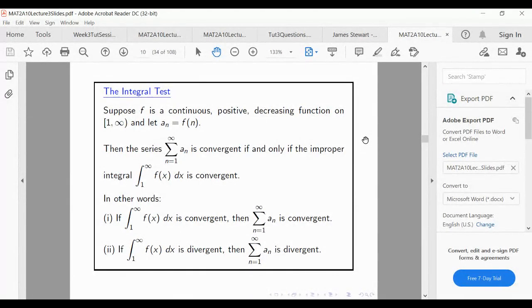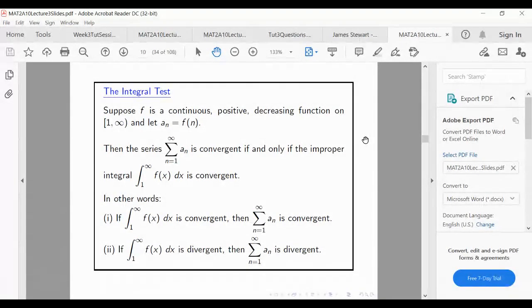So the important thing is to notice what the conditions are for being able to use the integral test. f must be continuous, positive, and decreasing, right?